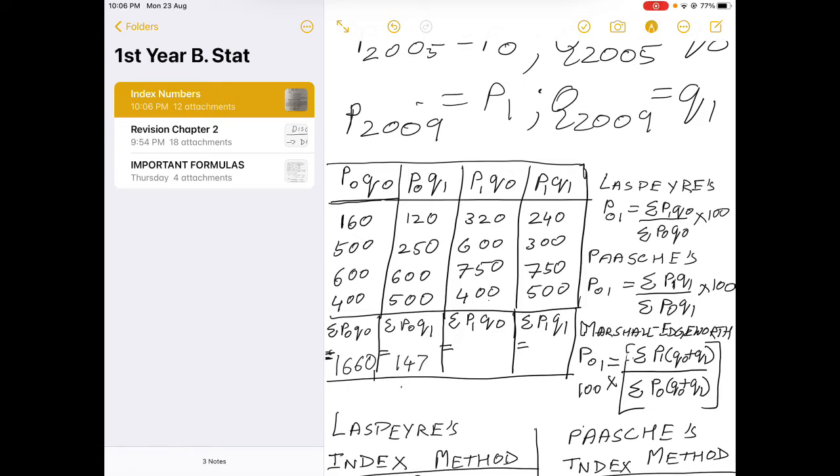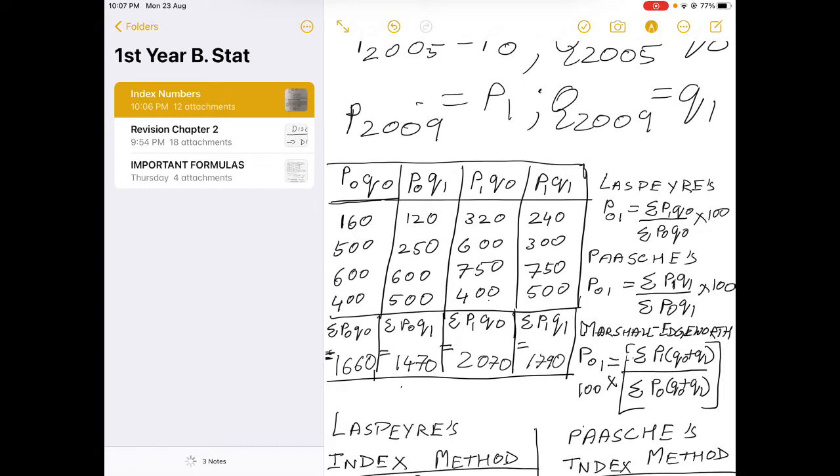So my total expenditure in that way would be 1470. Given the prices of 2009 and the quantities of 2005, my total expenditure, P1 Q0, gives me 2070. And the sum of P1 Q1, so prices of 2009 with quantities of 2009, the total expenditure for me would have been 1790.